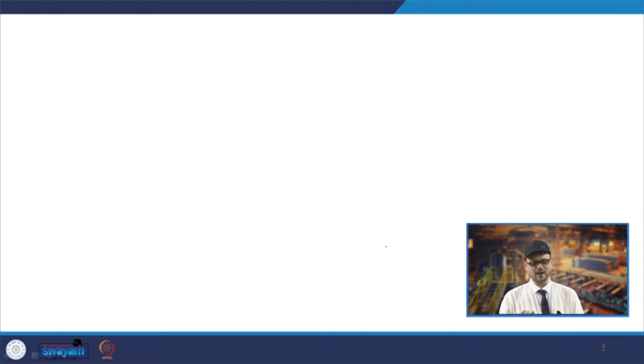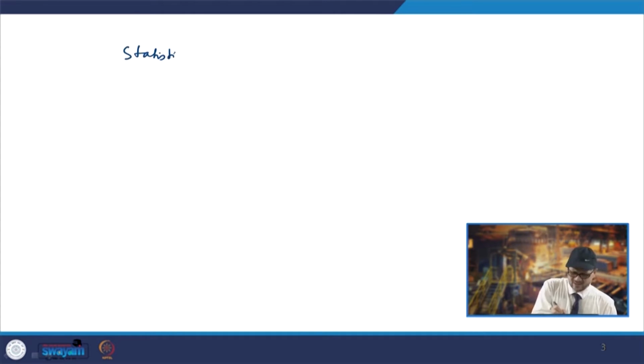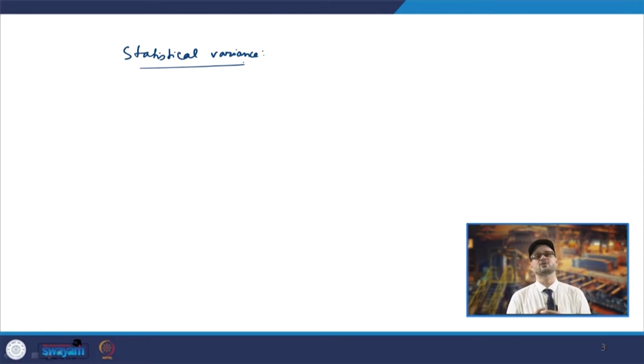You can also find the variance of this quantity. This is the statistical variance, which talks about the spread of the residence time about the mean. It is found by sigma t square.